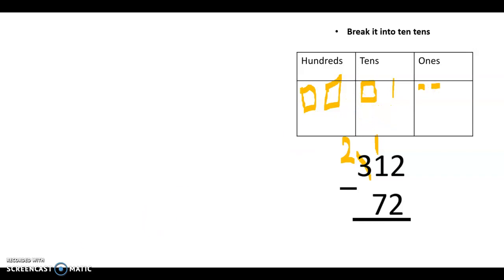Well, we have to break that 100 up. It's no longer in the hundreds place, it's in the tens place. And 10 tens equals 100. So I'm going to put my 10 tens. Okay, I have my 10 tens.